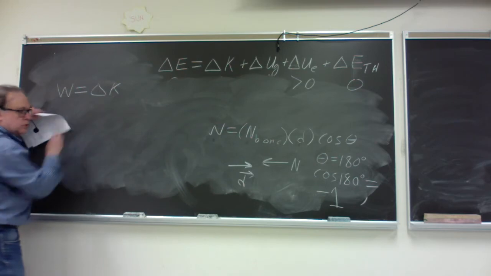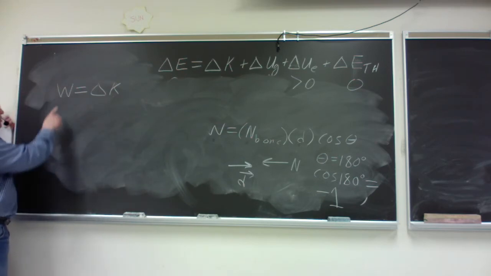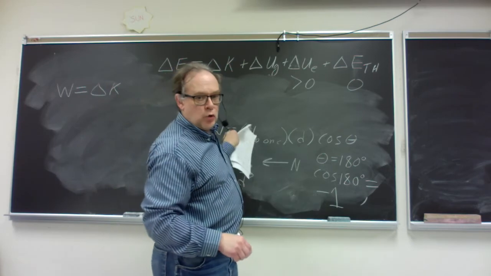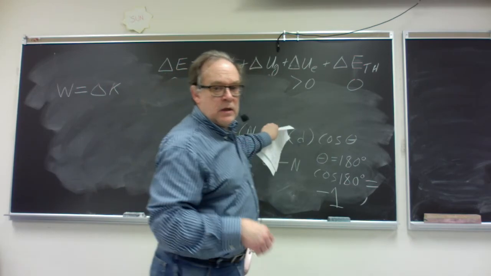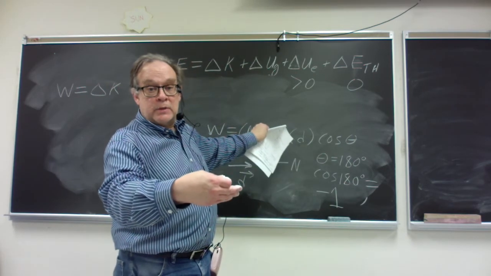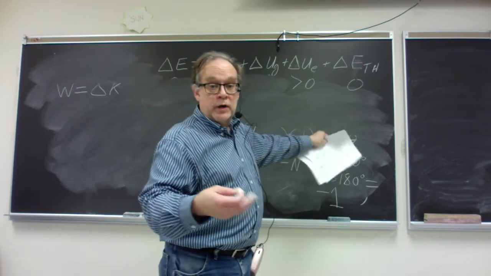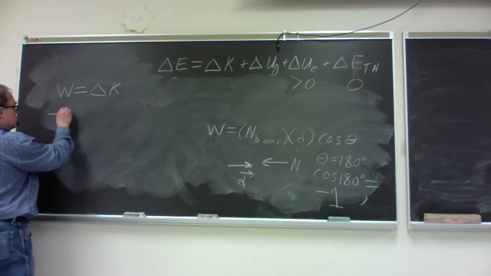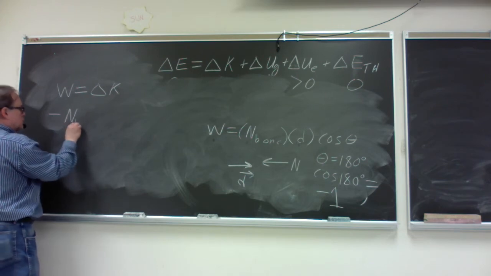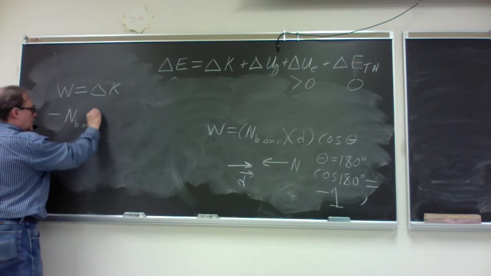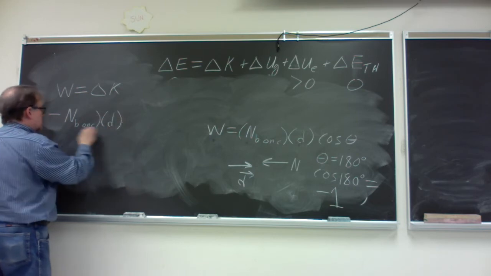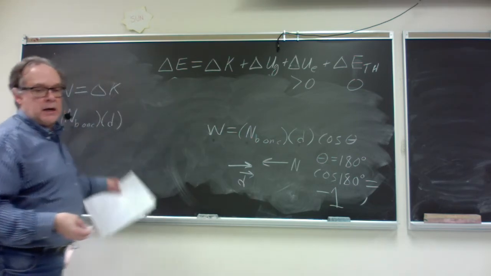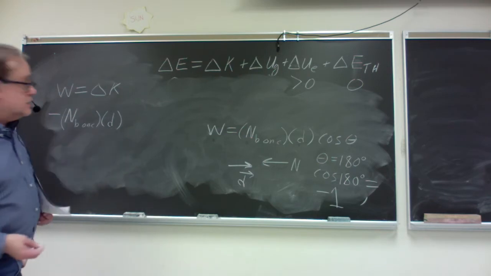Let's just write this out in terms of our defining equations. The work done is this, which is just the normal force times the displacement while it was coming to a stop, times cosine of 180, which is -1. So -1, that's the cosine factor. Normal force from the barrier on the car times the distance traveled while the car was being brought to a stop, or I'll call that the stopping distance.